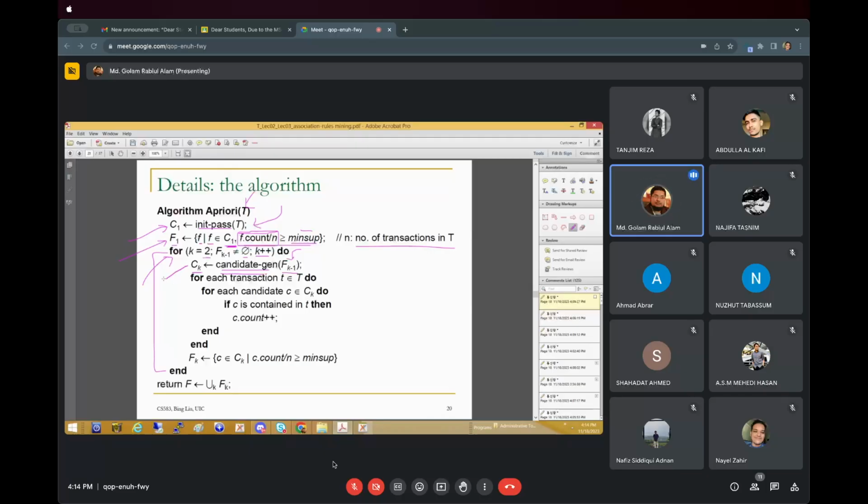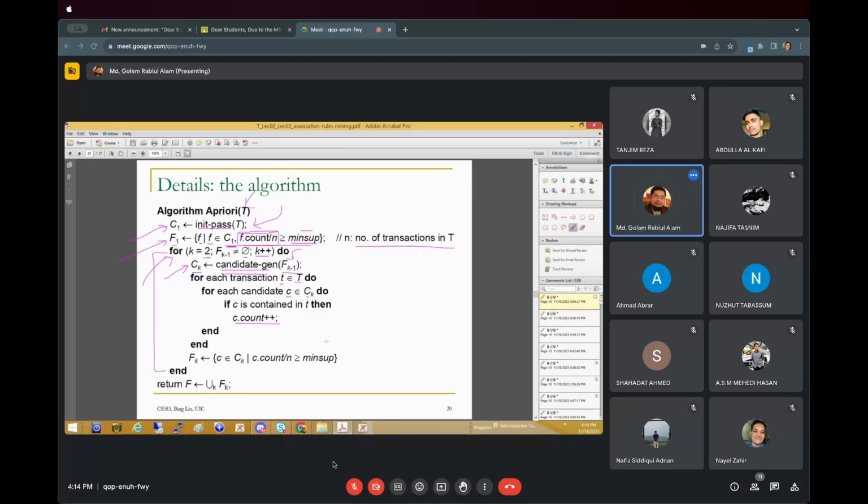Now we have generated the candidate item set. For each transaction T in our data set, and for each candidate C in our Ck, if C is contained in T, then we have to count this C count.